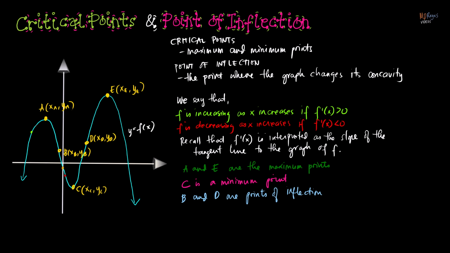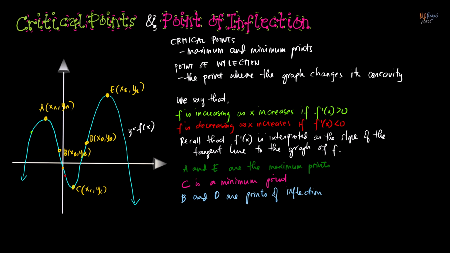You see, whenever f prime of x is equal to 0, it means to say that the slope of the tangent line at a certain value of x is equal to 0. So when f prime of x is equal to 0, it means that the slope of the tangent line at that particular portion of the graph is 0.